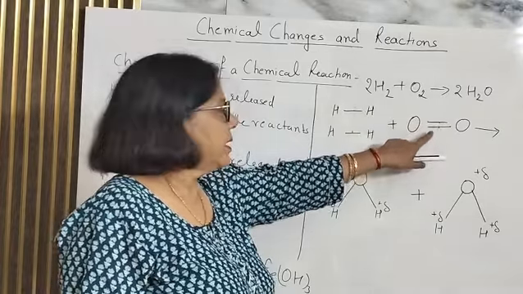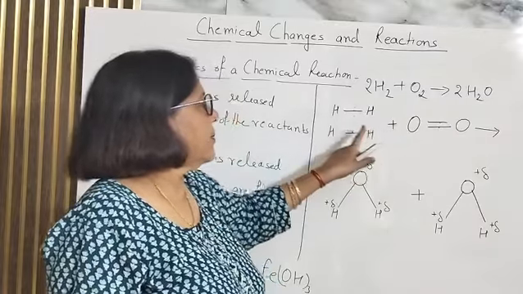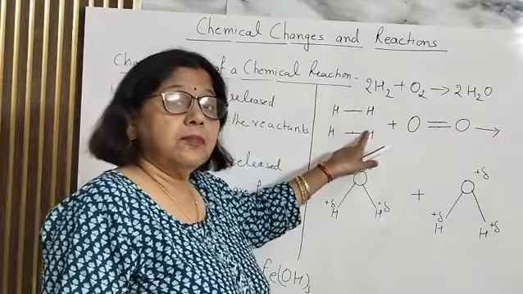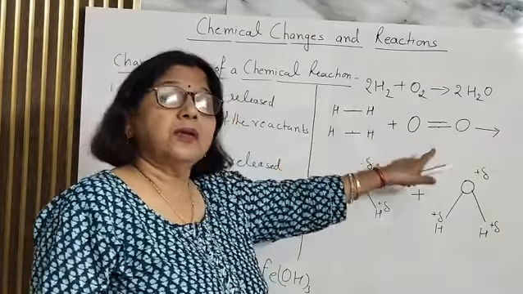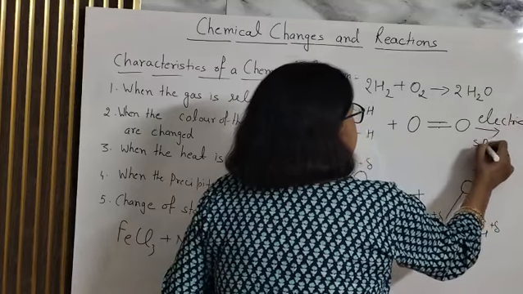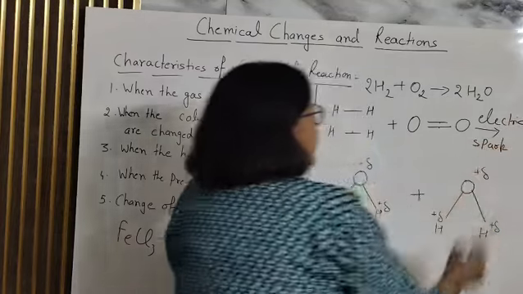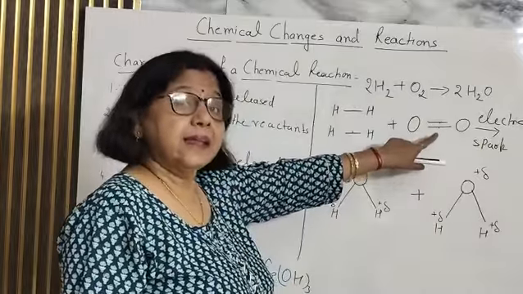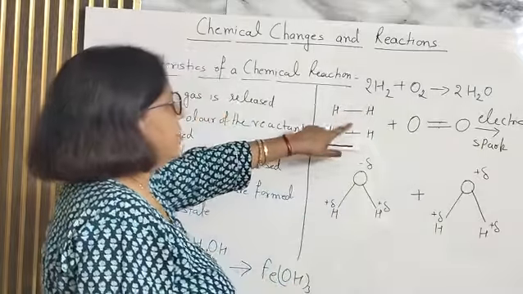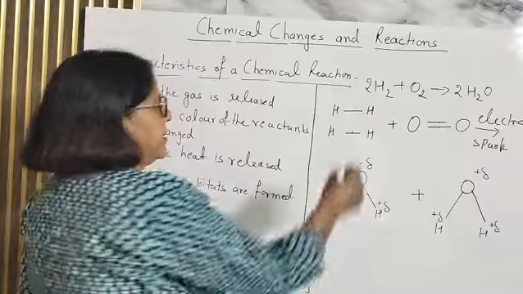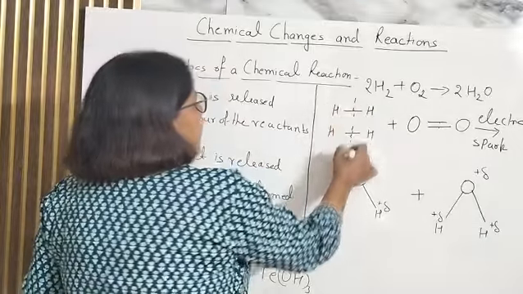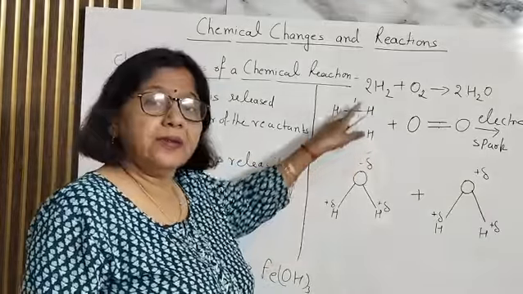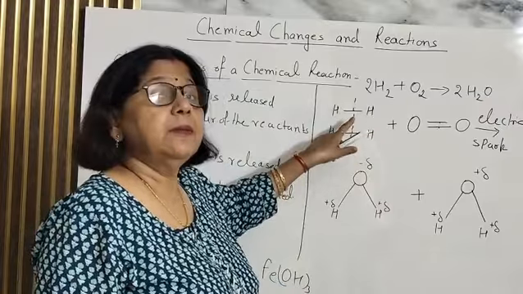Now when both of them are brought into close contact and an electric spark is created, what happens, children? With that energy, the bonds between the hydrogen atoms break down, and all four hydrogens become independent.